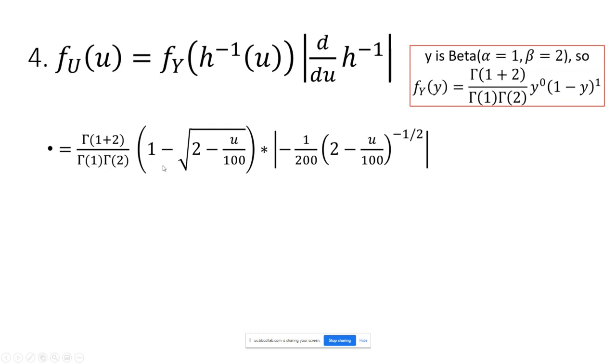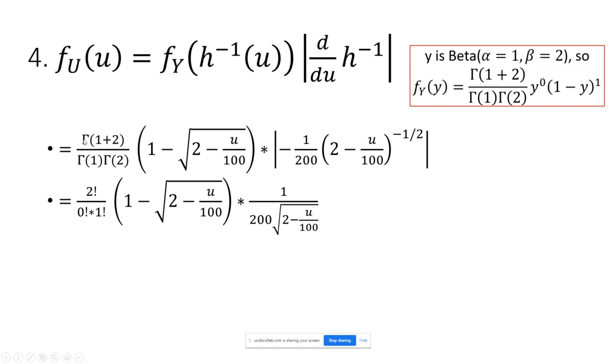All right, so here's what that looks like, plugging in h inverse for y to get that in terms of u, and plugging in our derivative of h inverse. Remember that gamma of a positive integer is the factorial of that integer minus 1.